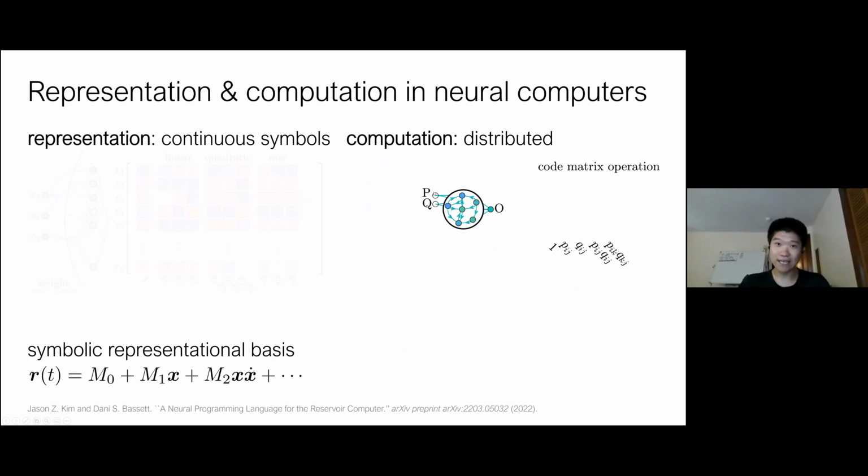So let's say P is a 4x4 matrix, Q is a 4x4 matrix, and O is a 4x4 matrix, and we want O to be some function of P and Q. If we want an element-wise addition of matrices, then we just have to make sure that these linear combinations of representations give us a 1 in the Pij column and a 1 in the Qij column. So basically we want the ijth entry of the output to be 1 Pij plus 1 Qij. If we want a subtraction, then we want 1 Pij and -1 Qij.